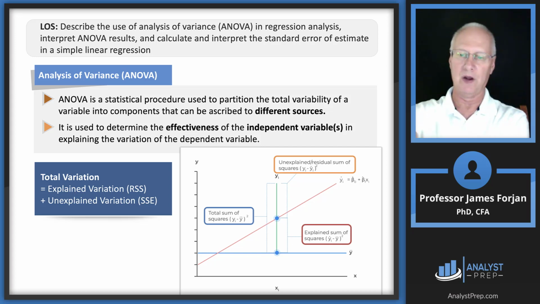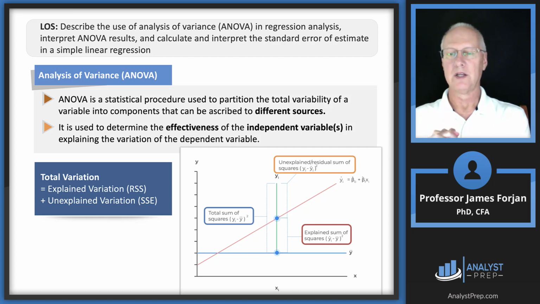And then over here on the right-hand side of the green line, we divide those into the unexplained and the explained. The explained is below, the unexplained is above. And notice over on the dark blue box, total variation is equal to the explained variation plus the unexplained variation. And notice we're going to use these terms, the RSS and the SSE.